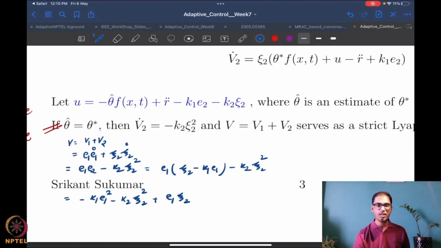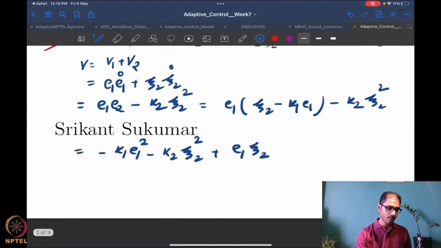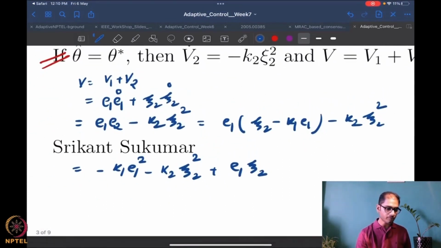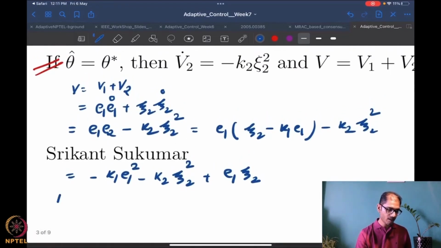Okay. Now we use a very standard trick which says that absolute value of AB is less than or equal to A squared plus B squared.